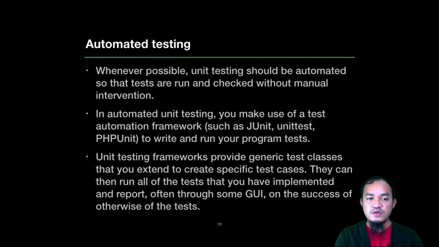That's why we have to use a framework. In automation frameworks such as JUnit, unittest, or PHPUnit, they provide generic tests, general tests that you don't need to write yourself. You can call and use these tests to check whether your application meets certain conditions or not.